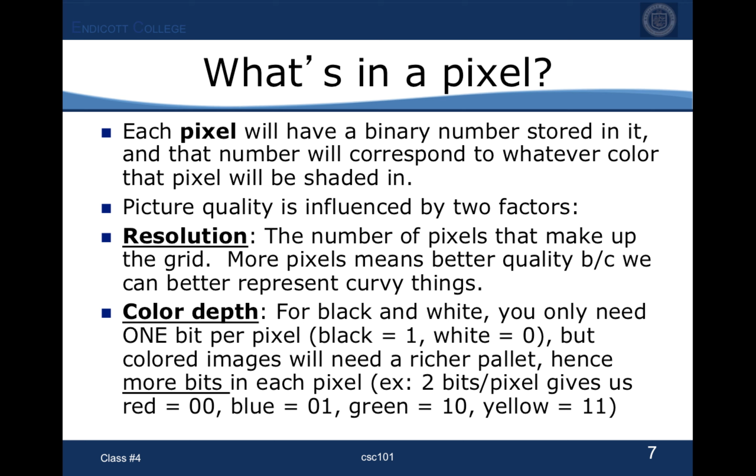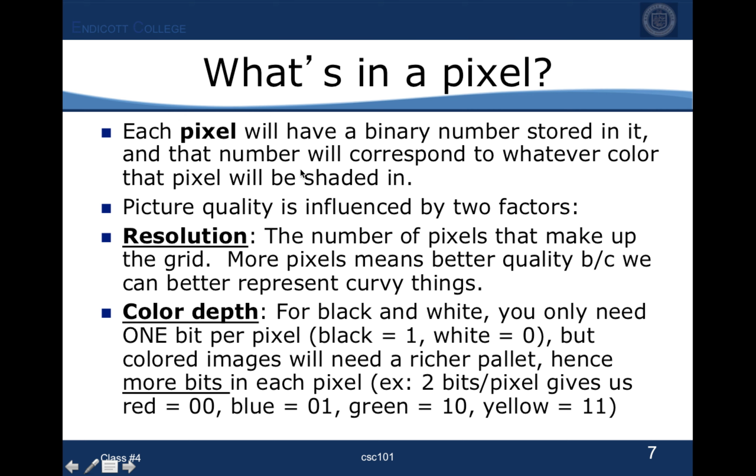And even in an image on your computer or laptop right now, believe it or not, behind that selfie you took an hour ago are just a bunch of zeros and ones. Look how excited I am, I'm about to go listen to a lecture video. So what is stored in each pixel is a binary number corresponding to what color that box should be colored in.